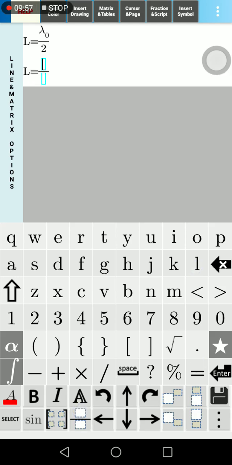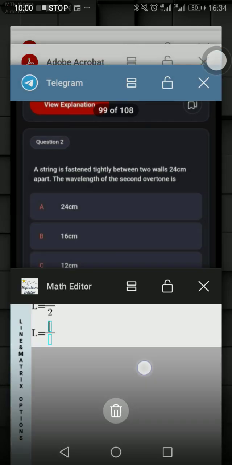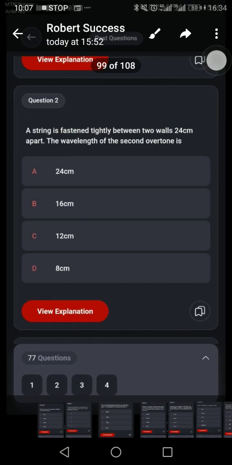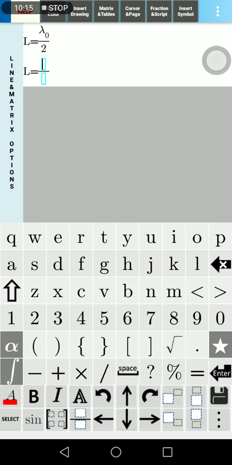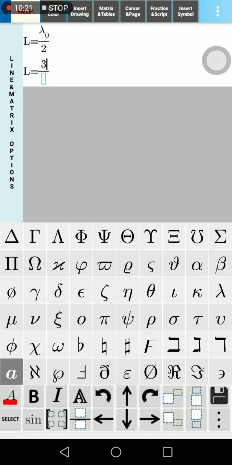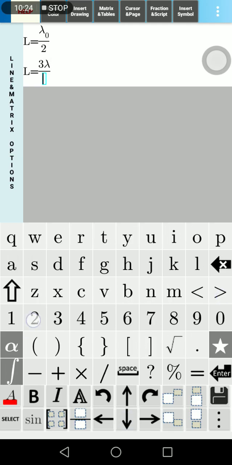So L is still going to be equal to 3 times wavelength over 2.